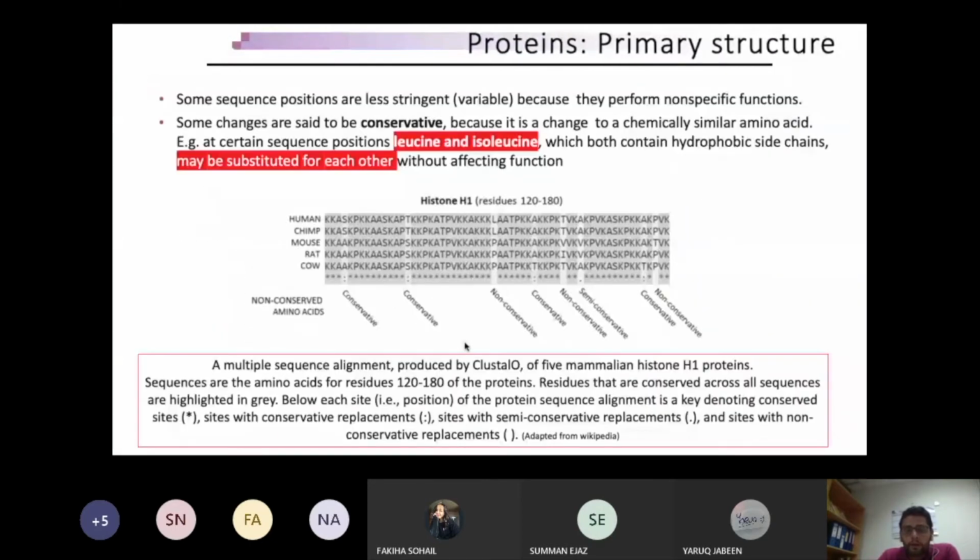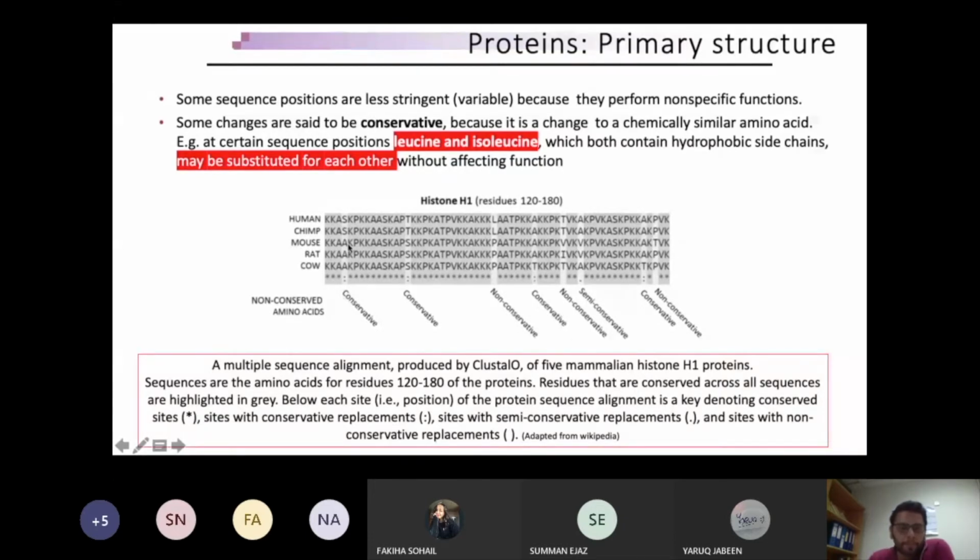So there is an evolutionary thing which I just wanted to show you. This is the cytochrome C molecule present in human, chimps, mouse, rat, cat, and you can see there are multiple mutations present here. If you can see it here, with this one single star, these are conserved residues, and those where two dots are present are conservative residues, and those where there is no mark present are the non-conservative residues, and so on and so forth.